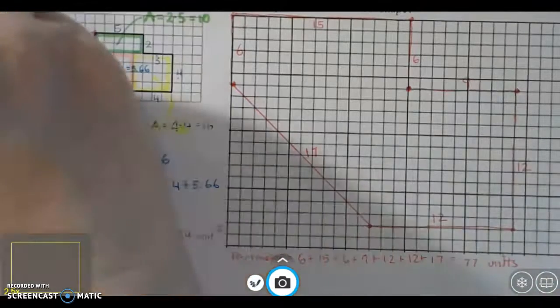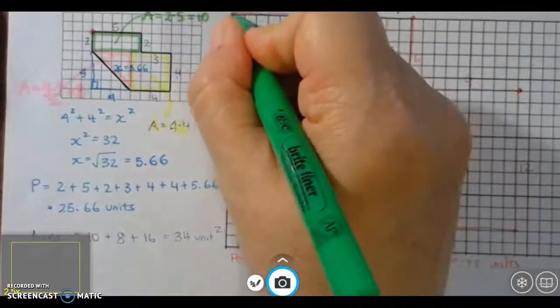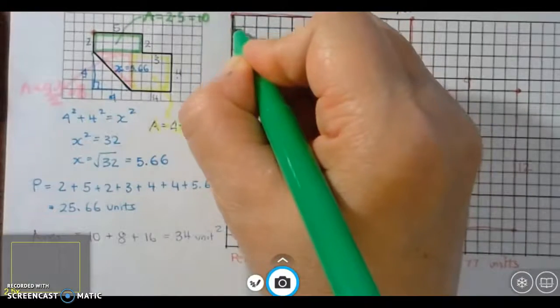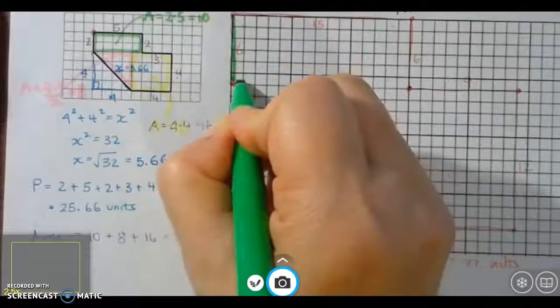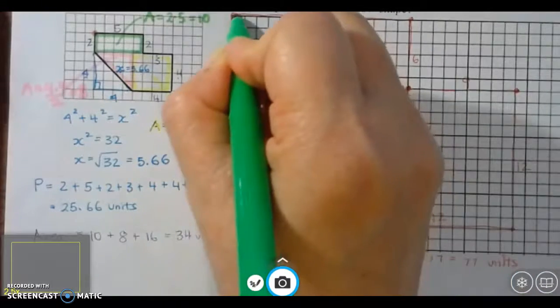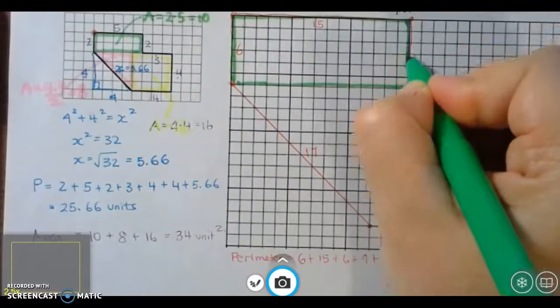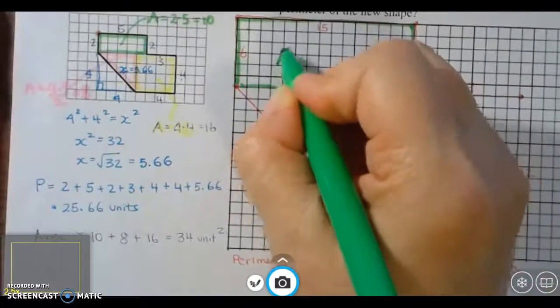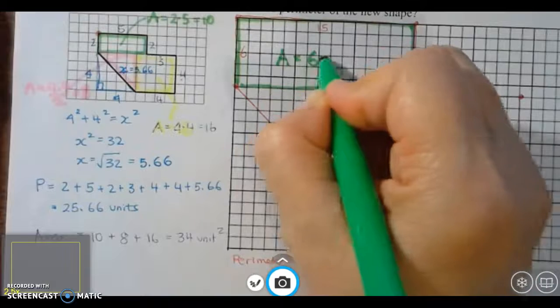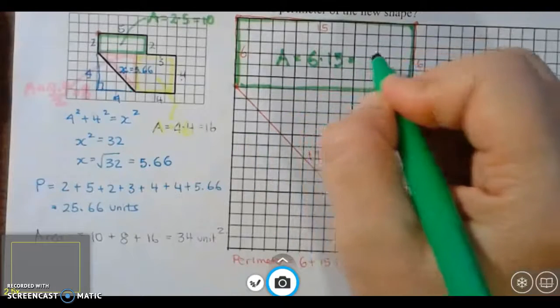Okay, what about area? Well, for area, let's do what we did before. We need to break it up into rectangles for which we can calculate the area. And this is the rectangle. That's going to have an area of 6 times 15, and that's going to be 90.